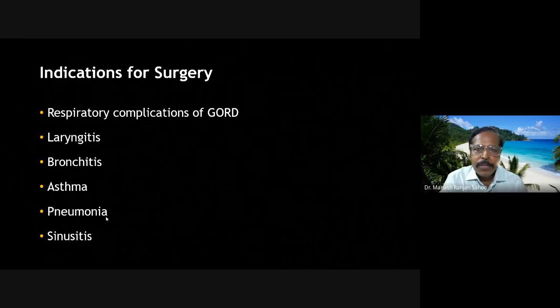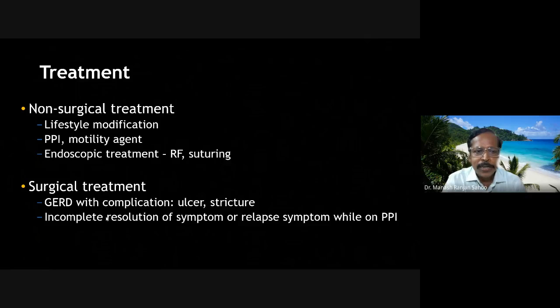So what are the indications for surgery in GERD? When the patient has respiratory complications, laryngitis, bronchitis, asthma, pneumonia, sinusitis, all of them might be having a GERD which needs to be evaluated. When you come to the treatment of these patients, you have two things in your armamentarium.